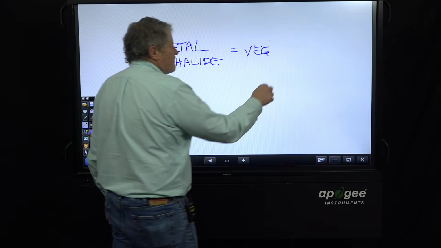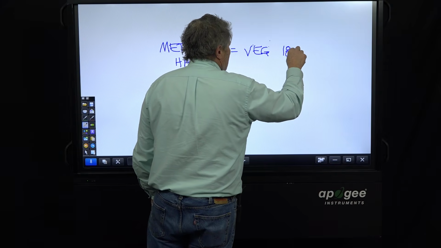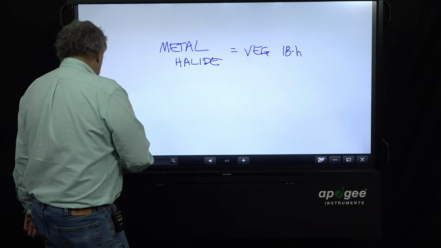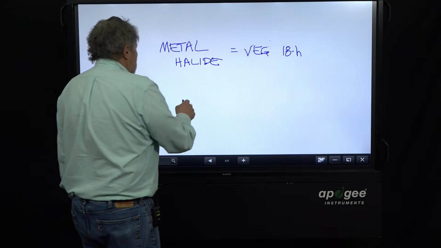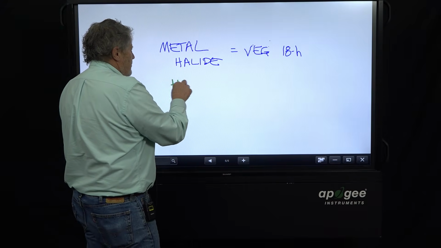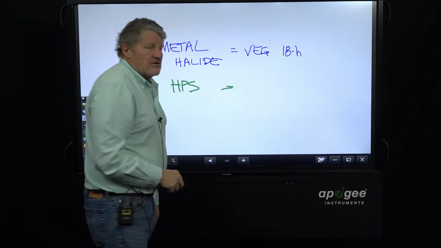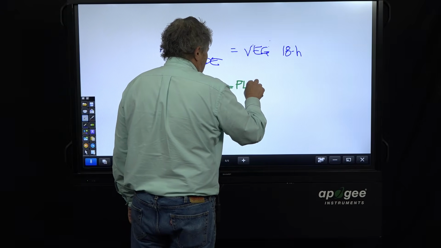And you would typically be giving, maybe even an 18-hour photo period during that time, during veg. Then the prevailing wisdom was to switch to high pressure sodium during the reproductive phase. And that's flowering.